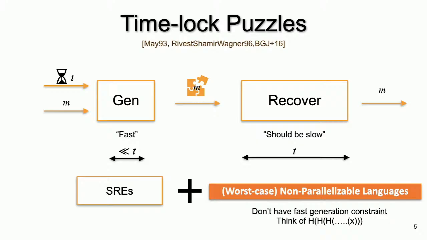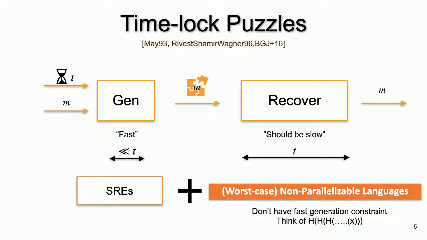So you're not cheating. You're not saying that this already implies a time lock puzzle, because this does not have a fast generation constraint. This might take you a long time to compute in general. The fast generation comes from the succinct randomized encoding part. And it's somewhat necessary, because time lock puzzles imply this sort of worst case non-parallelizable language notion. The point is that it's worst case.